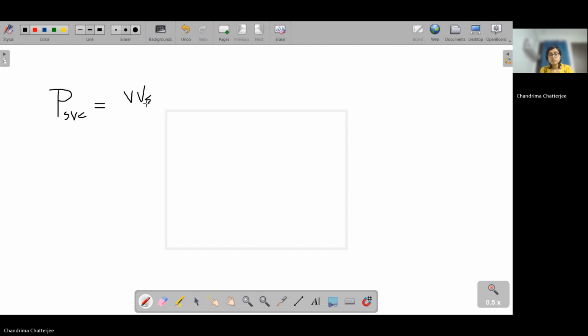PSVC sine delta by 2, sine delta by 2 by sine beta L by 2, and here it is ZC, right? It is ZC.